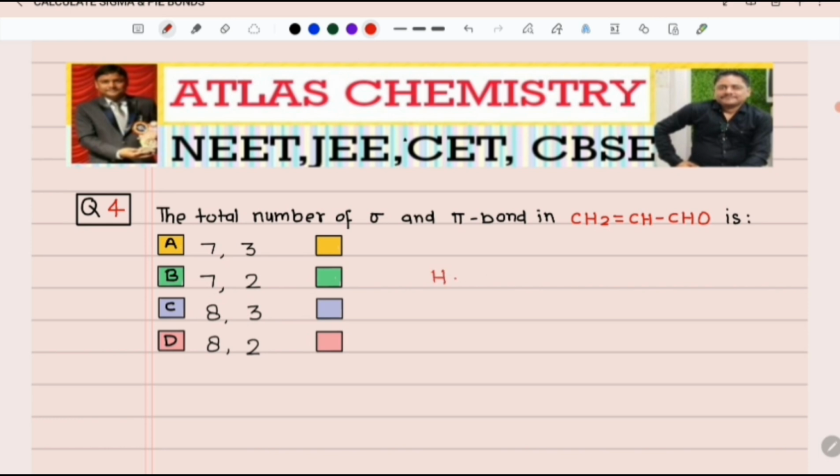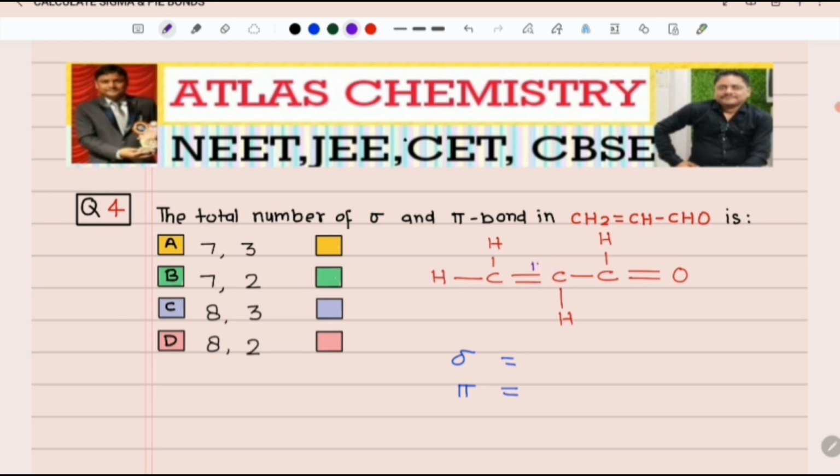Here is H, C, H, double bond C, and here is H, and here is C, H, and oxygen is bonded with double bond. Now we have to count the pi bonds first.